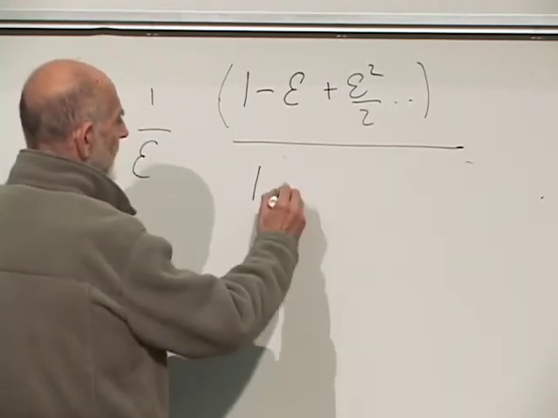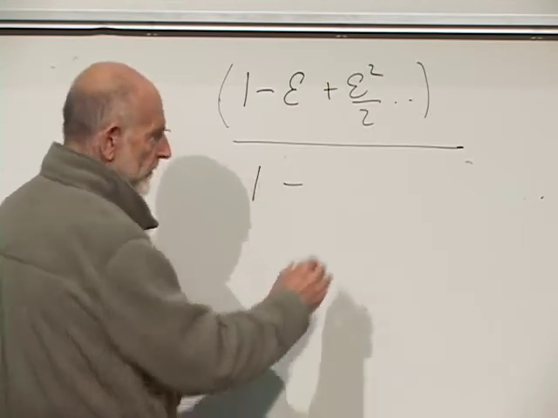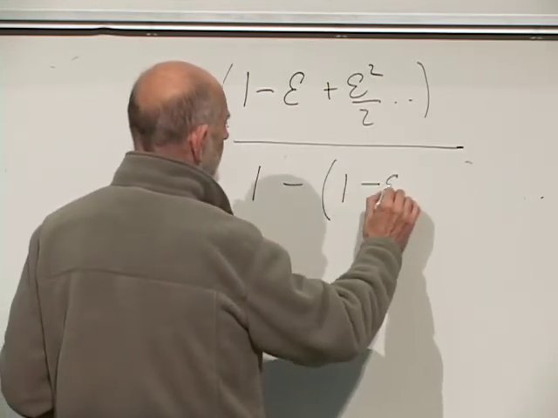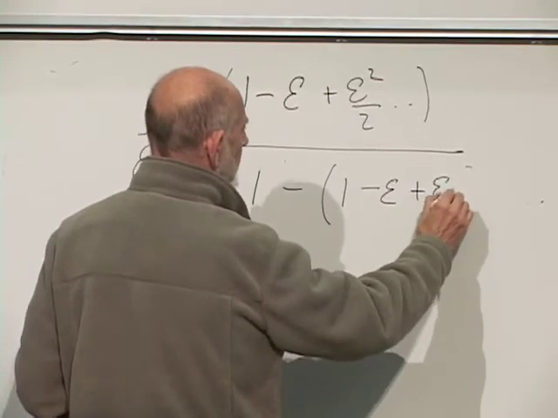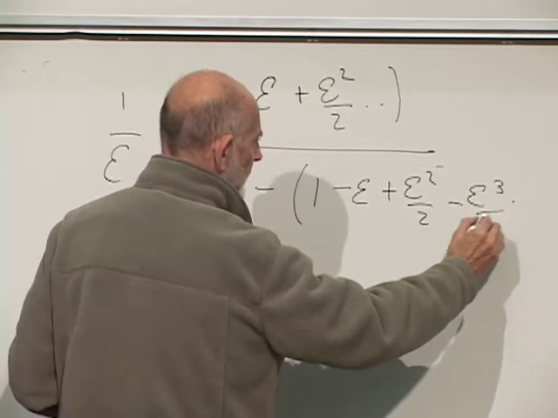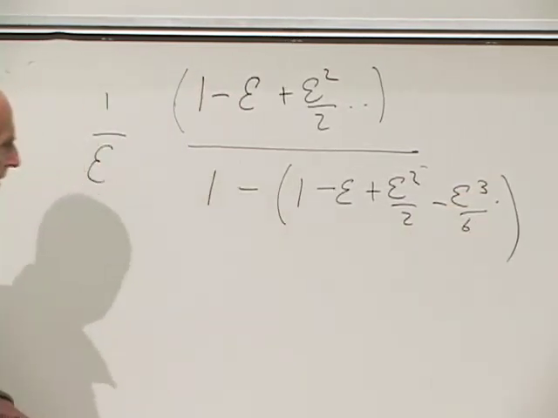1 minus, put in brackets, 1 minus epsilon plus epsilon squared over 2 minus epsilon cubed over 6. All right, everybody happy with that? Now, the 1's are going to cancel.